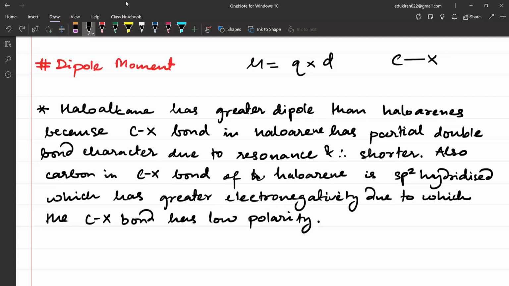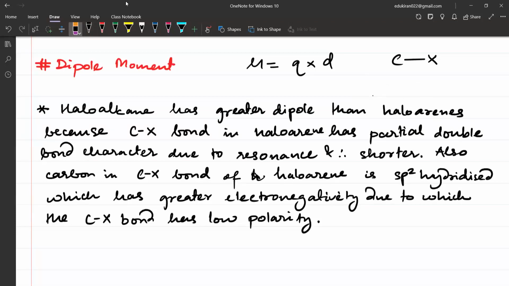Because it is more electronegative than the carbon atom. But which carbon? We have sp carbon, sp2 carbon, and sp3 carbon. In haloalkane, we have sp3, but in haloarene, we have sp2. And sp2 carbon is more electronegative because it has more s character. If you don't remember from chemical bonding, it's very easy.